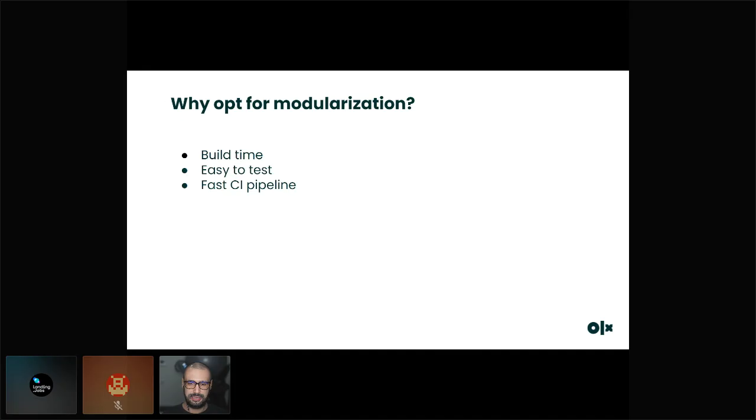The third reason is a fast CI pipeline. A monolithic project means running all tests on CI on every merge request. This can be a little bit costly and slow, especially with a big number of contributors and merge requests. By modularizing the app, we are also modularizing the tests, and we can optimize the pipeline by running the tests in a module only if that module or a dependent module has changed.